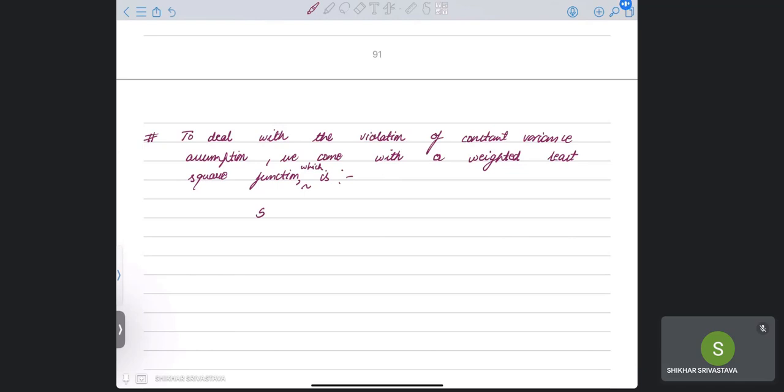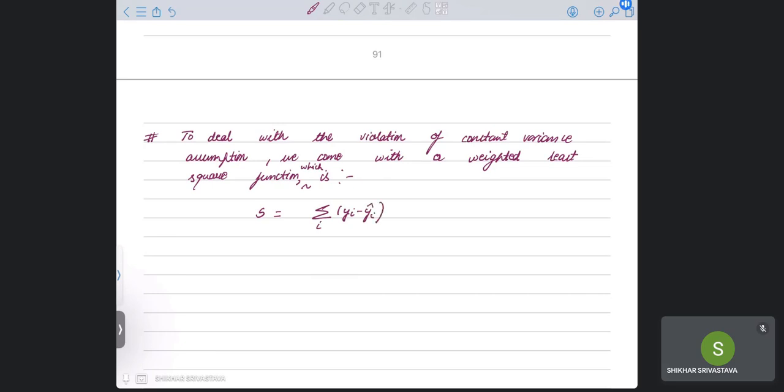we know that in the simple linear regression model, we do the fitting by minimizing a function called the residual sum of squares, which is nothing but the summation of yi minus yi cap squared. So this is your function.